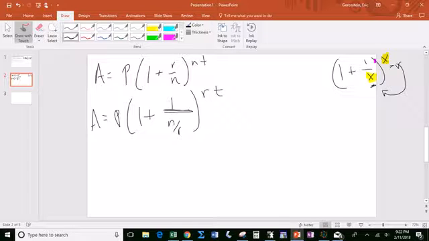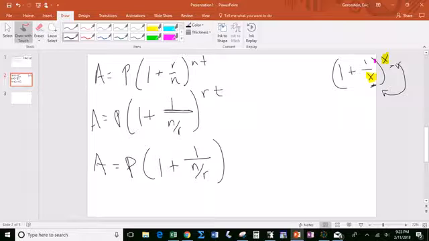So we have an n over r, and we need an n over r up here. So let's do this: P parentheses 1 plus 1 over n over r, to the power n over r, to the rt.